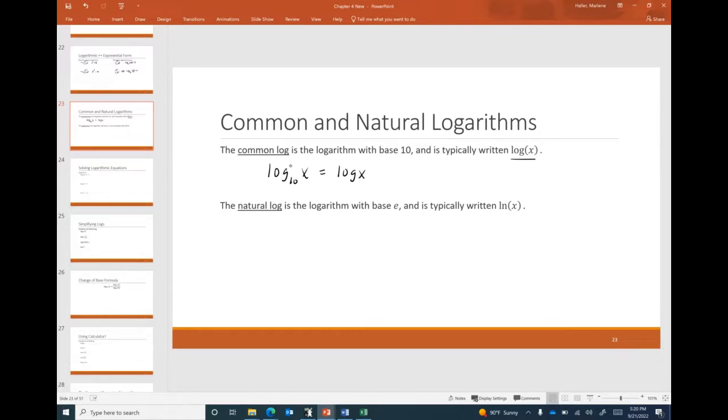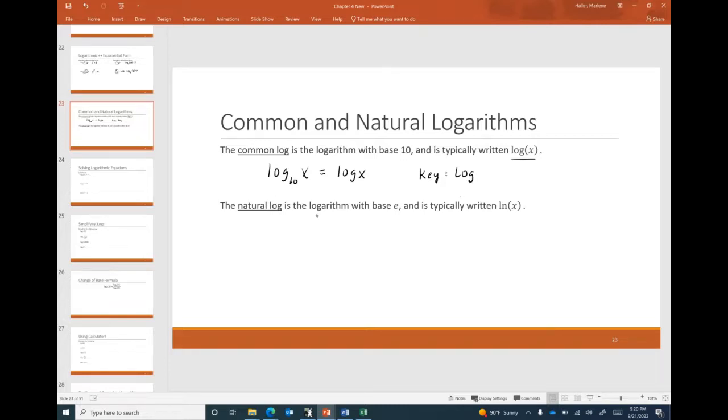The common log has a key that you can use to evaluate, like say I wanted to evaluate log of 7. The calculator key is the log key on your calculator.